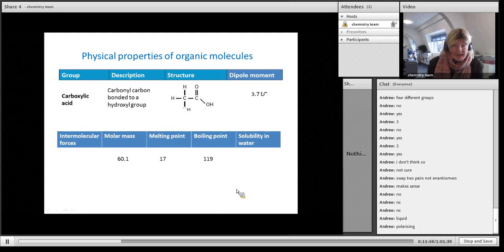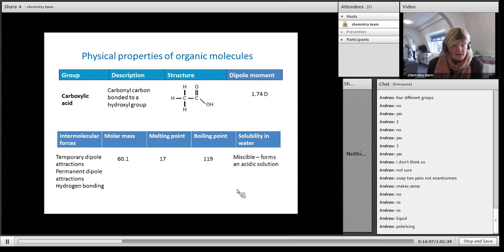Right, carboxylic acid, this is the vinegar that you know of, the ethanoic acid, and of course you know it's hydrogen bonding, so it's going to be soluble, and this will form an acidic solution. It's not going to be the only one that forms an acidic solution, it'll be one of them. So if you test with litmus and it goes red, then it is likely to be a carboxylic acid, but we'll come across the other one just now.